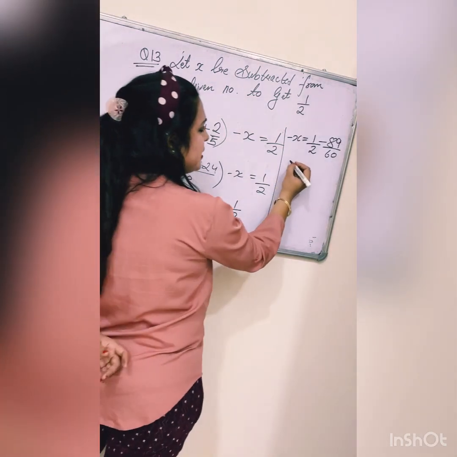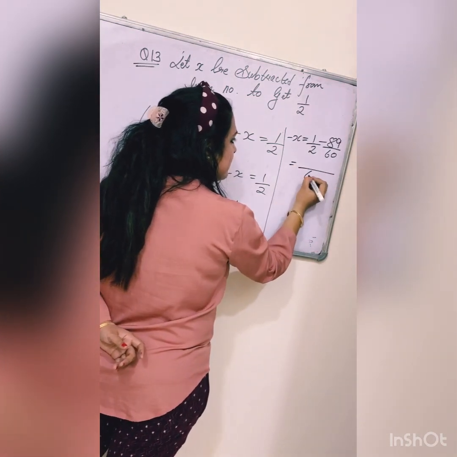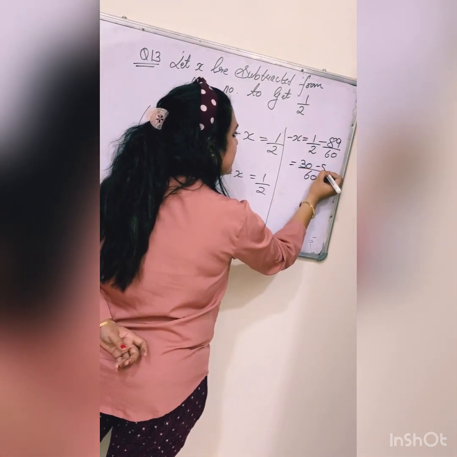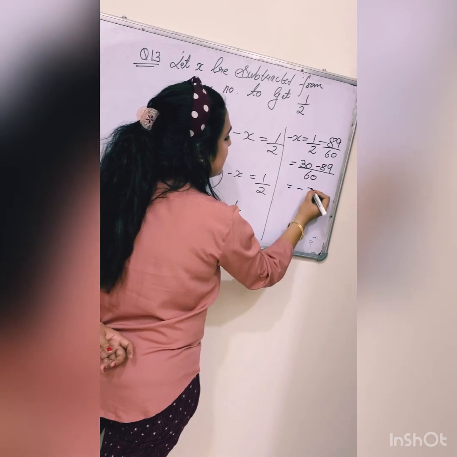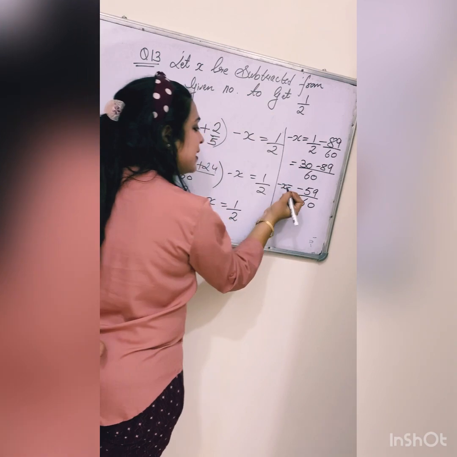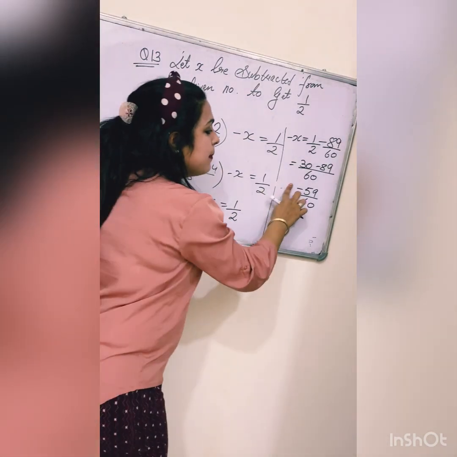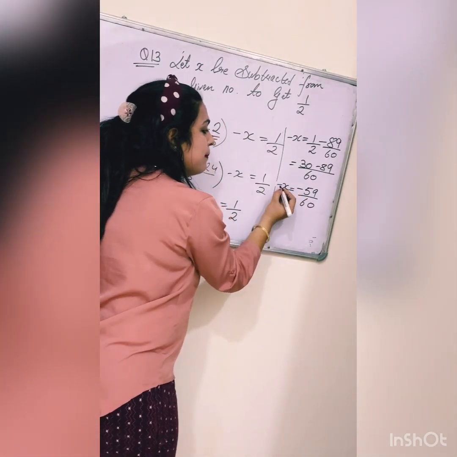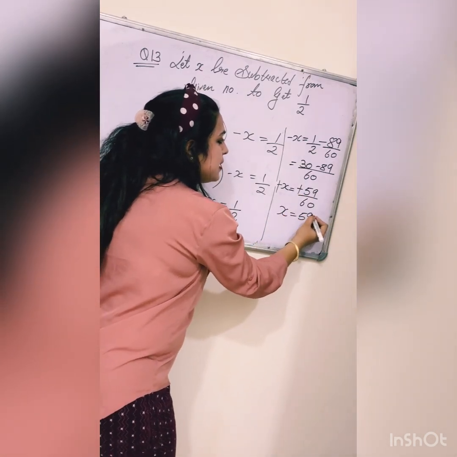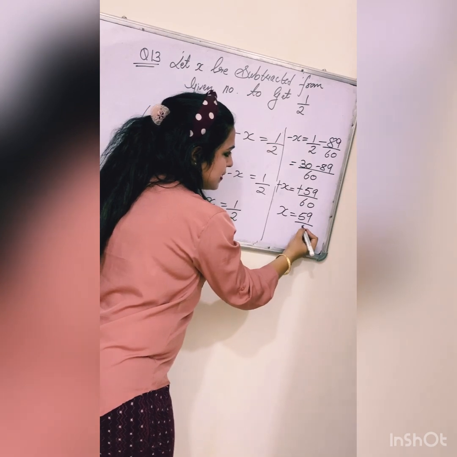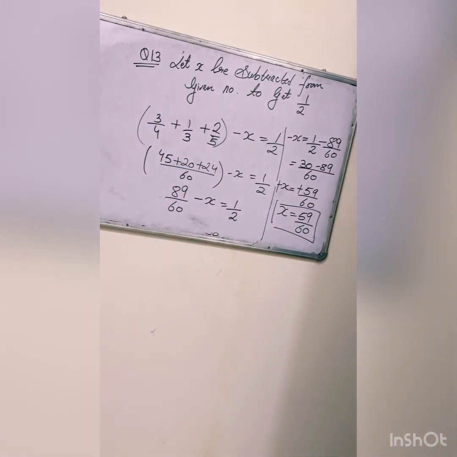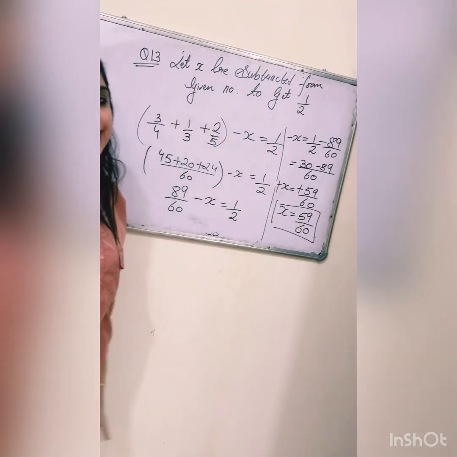Again we'll take the LCM. That will be 60. 2 30s are 30 minus 89. This will be minus 59/60. This is the value of minus x. Minus will be cancelled by minus. So x will be 59/60. So the number that should be subtracted will be 59/60.